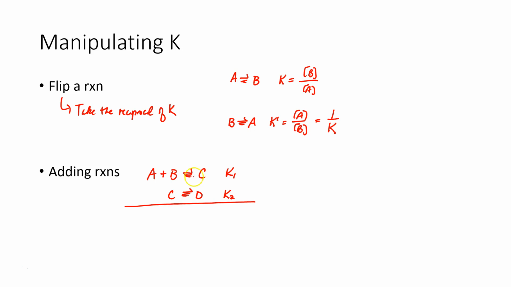If we were to add these reactions, C would cancel, and our net reaction would be A plus B is in equilibrium with D. How would we get the value of K3 using K1 and K2? Well, we would multiply those Ks. K1 times K2. So when you're adding reactions, you multiply the K values.